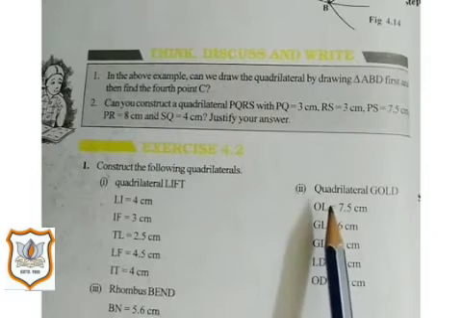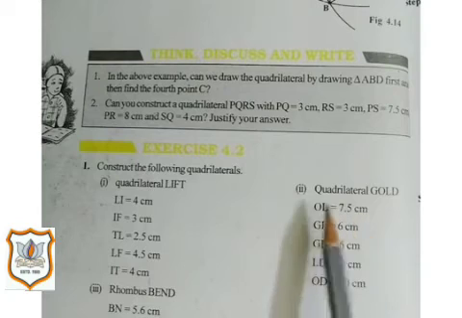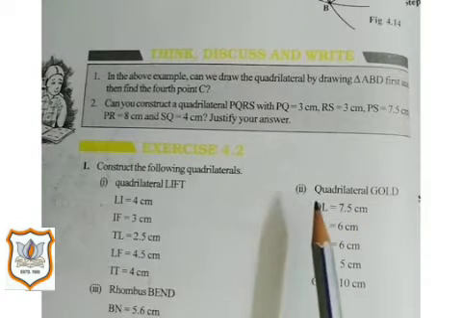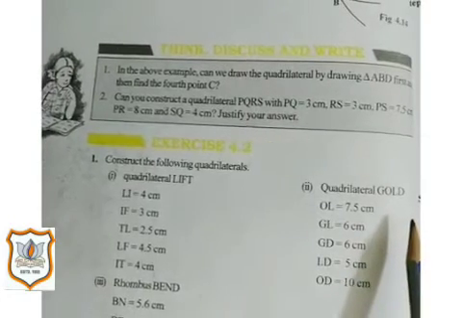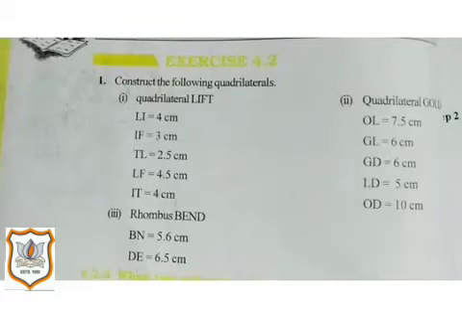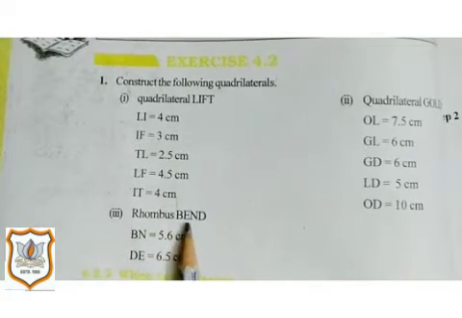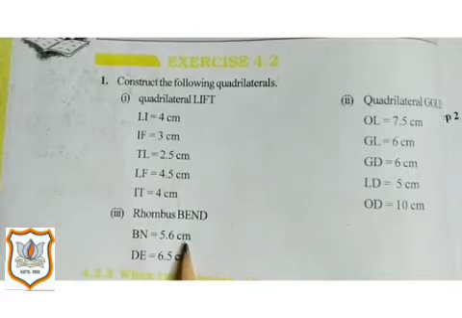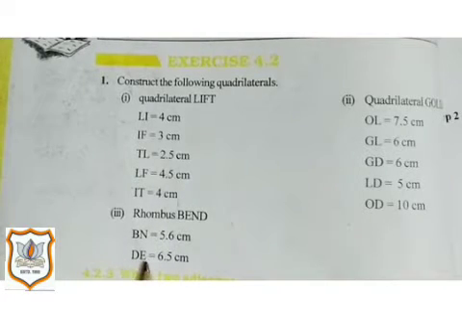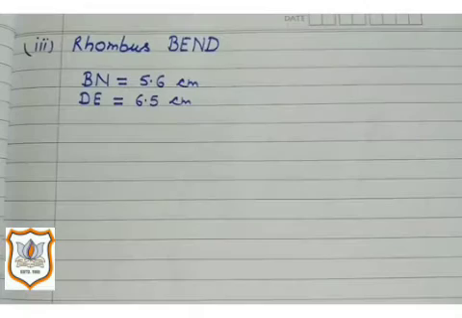Second part, quadrilateral GOLD. Students, you have to construct this quadrilateral GOLD yourself. Now we will take part third, rhombus BEND, where BN is equal to 5.6 centimeter and DE is equal to 6.5 centimeter.